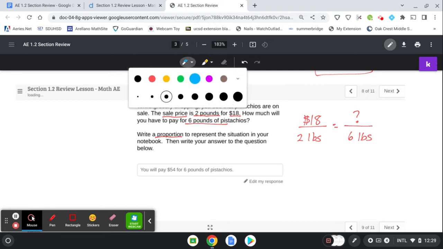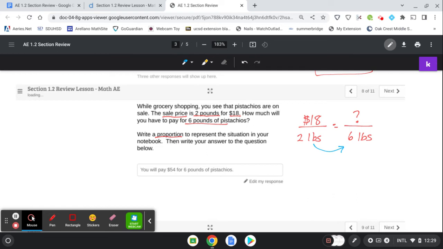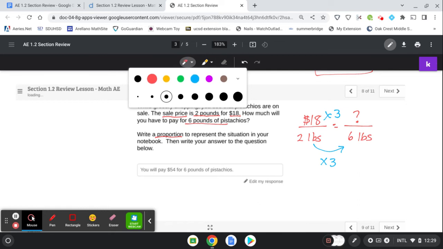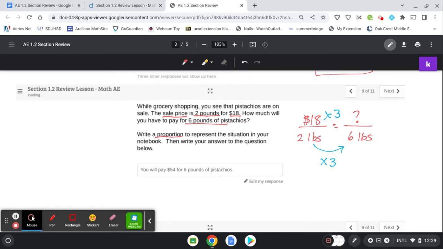So for this problem, you have to think, what do you multiply 2 by to get 6? So 2 times 3 is 6. So 18 times 3 would be 54. So it would be $54 for 6 pounds of pistachios.